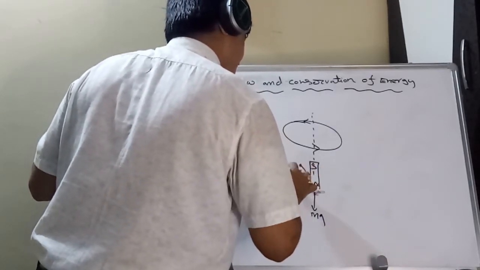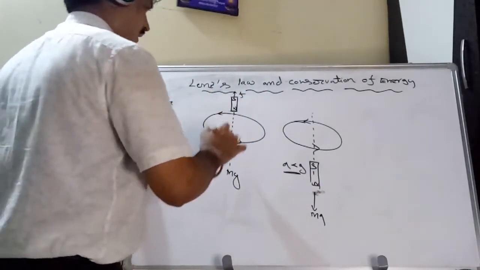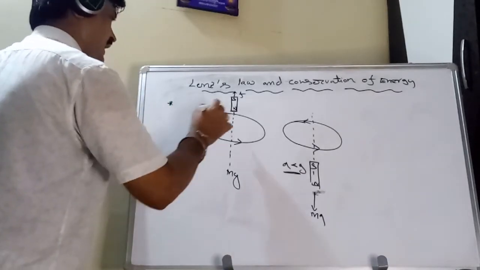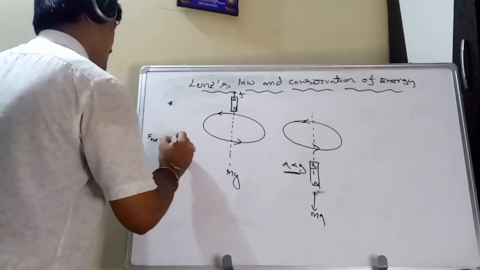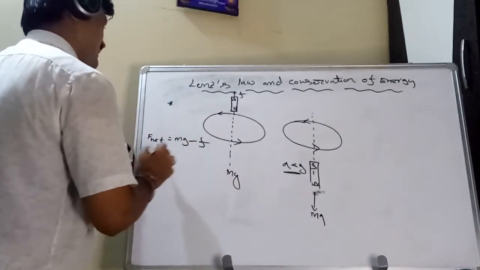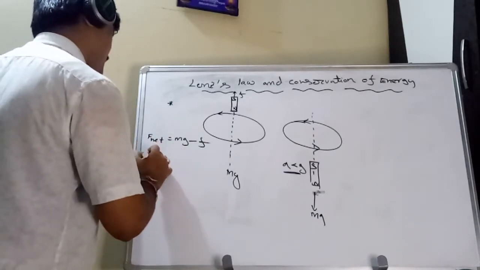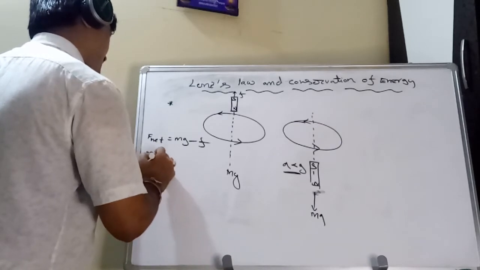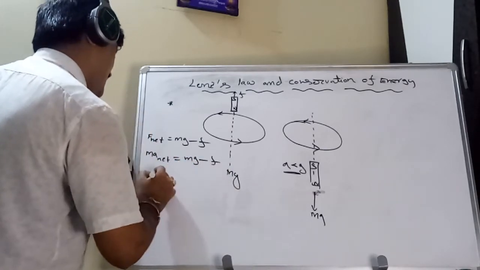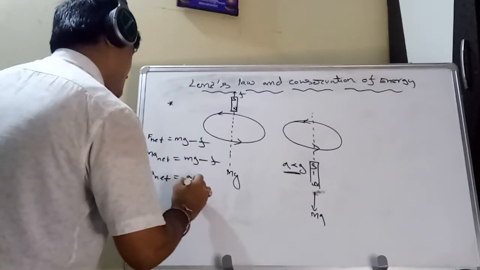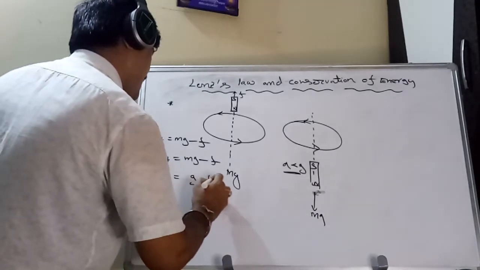Here a is less than g. Along the axis, F net is equal to mg minus f. So a net is equal to g minus f by m.